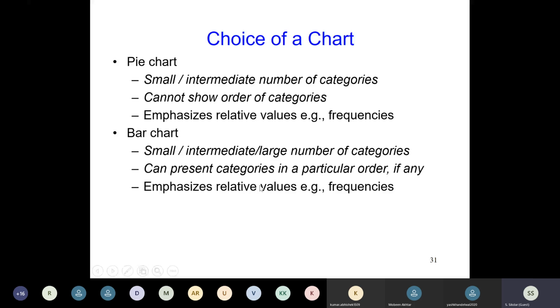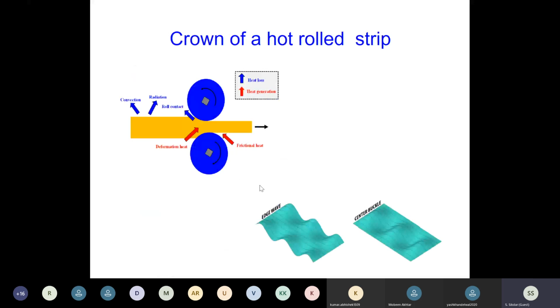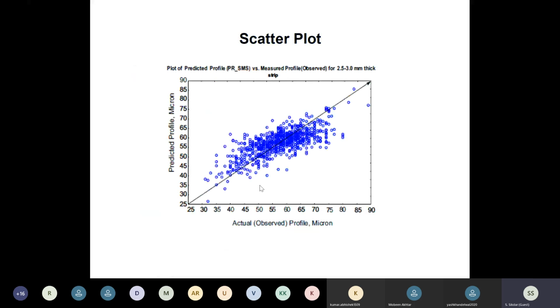I just want to say this, and with this I will come to an end. The other day, I also talked about the scatter plot. This is basically when a sheet is rolled out, there is always some profile that gets bent. It will not necessarily come out as a flat plate or flat coil.